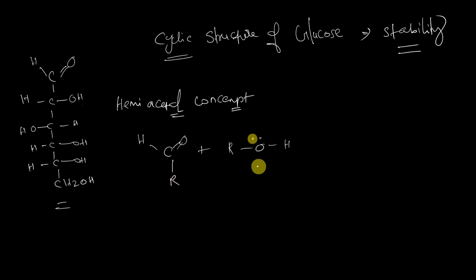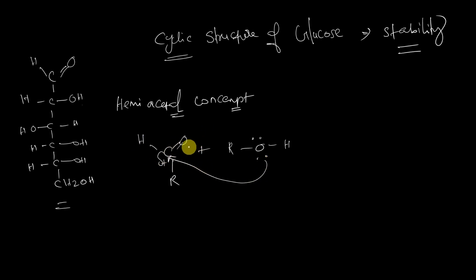ROH, the oxygen will be having lone pairs of electrons, right? So this carbonyl carbon is semi-positive in nature because of the high electronegativity of this oxygen. So the oxygen from the alcohol donates its lone pair of electrons to the carbonyl carbon.